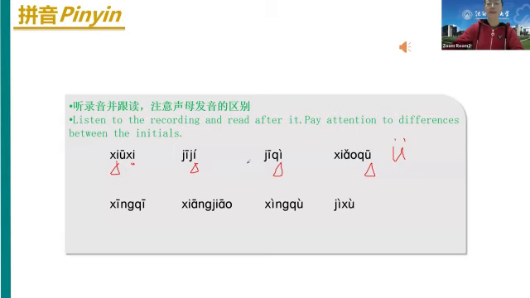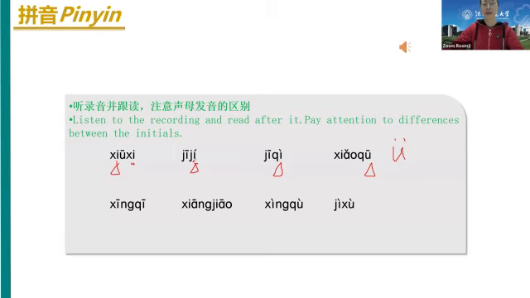Yes, the word stress is on the first syllable, so we should make an emphasis on the first syllable, and the neutral tone we should read very short and light. Okay, next. Yes, the second syllable is the word stress.